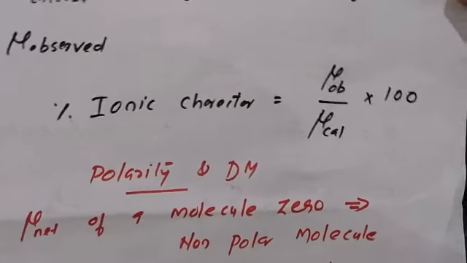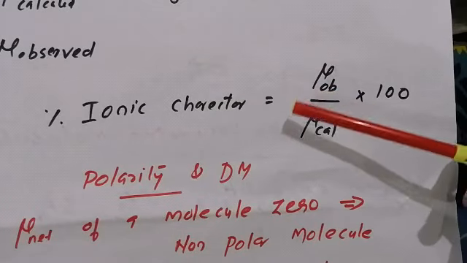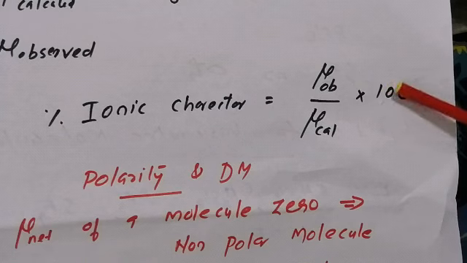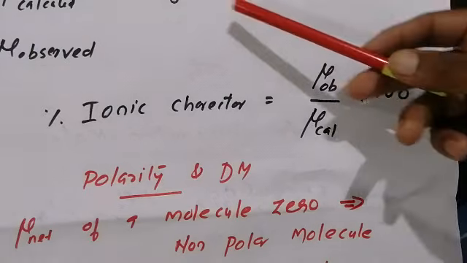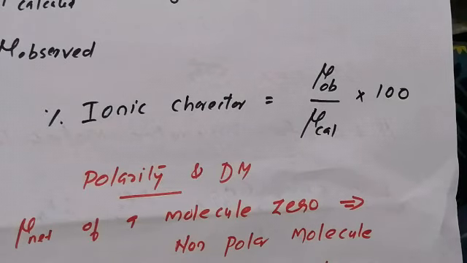Percentage of ionic character is equal to mu observed by mu calculated into 100. The observed dipole moment will be given. Suppose they give only the bond length and the observed dipole moment, then the charge can be taken as this value.